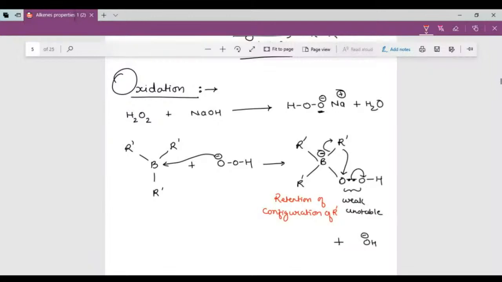Let me take a little risk of unsharing and sharing because I want you to be very clear about what I want to say. See, if this is boron, and this is our alkyl group, here the oxygen is there, and here is the alkyl group bond.